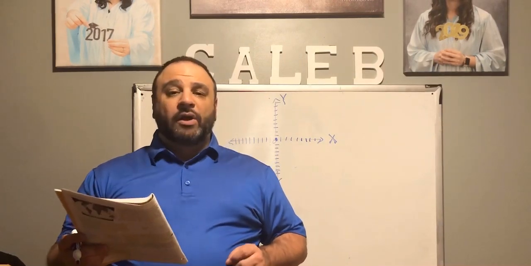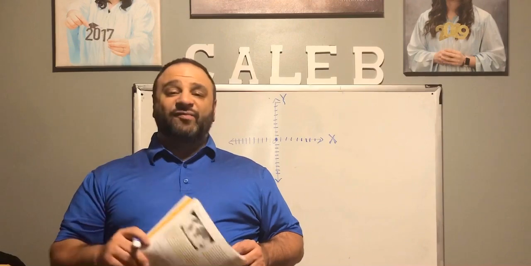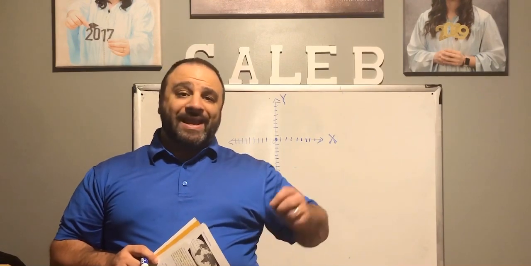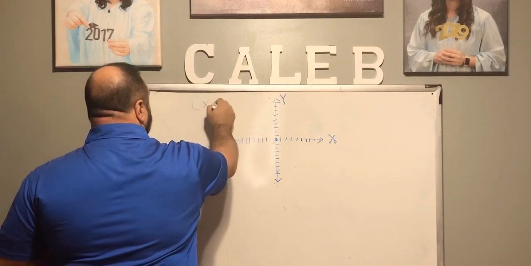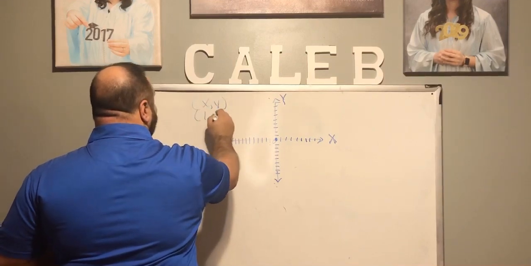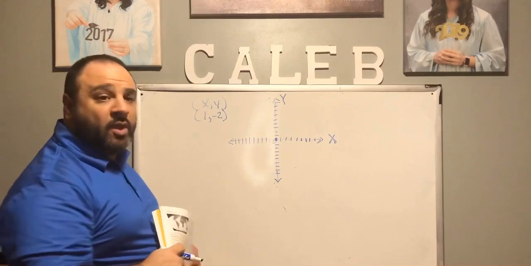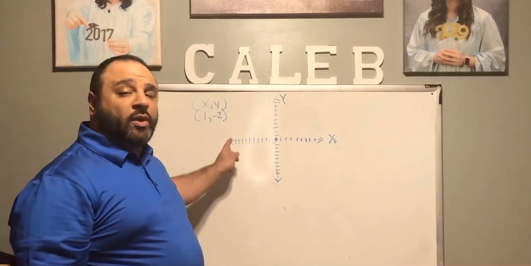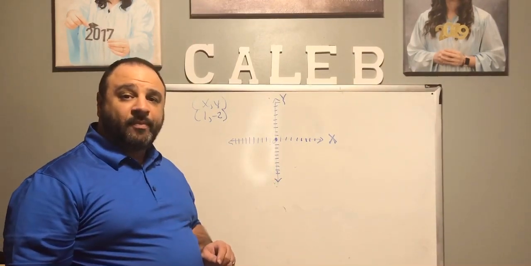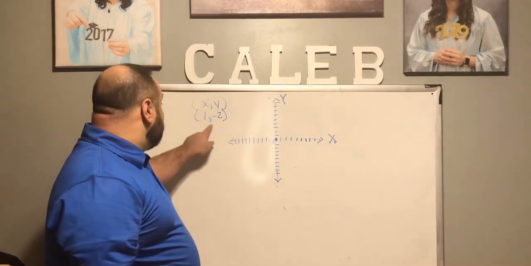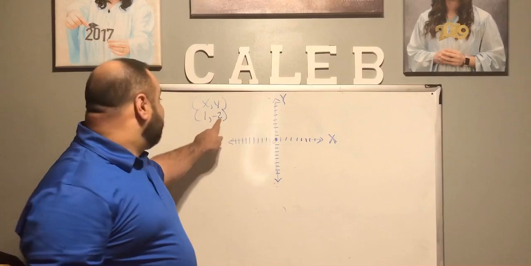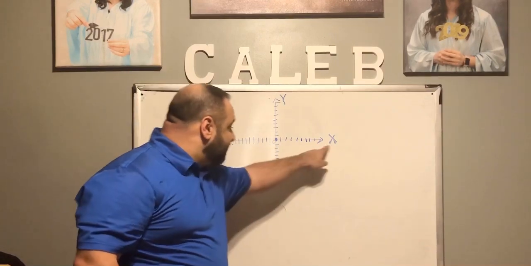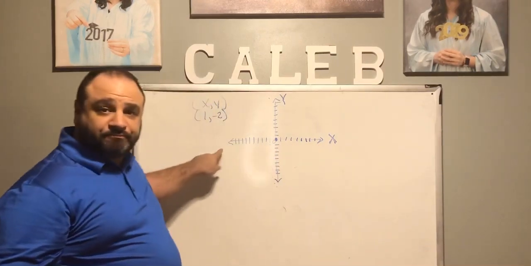Letter A. We want to locate 1, -2. So, again, here's our x and y. Now, which coordinate do we want to locate first? The abscissa. Very good. So, 1. Now, remember, the x is always the horizontal line.